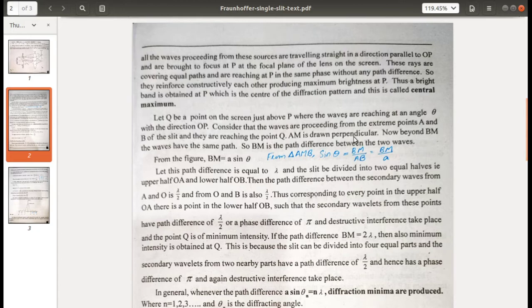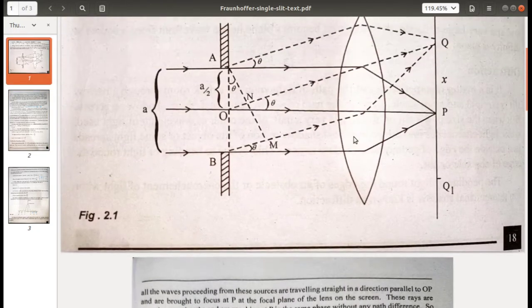AM is drawn perpendicular, so we are drawing a line from A perpendicular to this line.